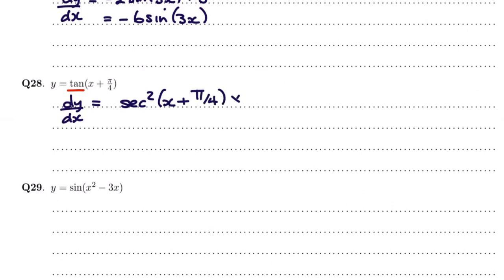And then if you differentiate the inside, you just get 1. Okay, so that doesn't make any difference. So therefore, dy dx is sec squared of x plus pi over 4. Okay, so you just need to practice.